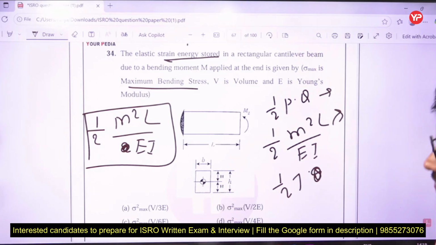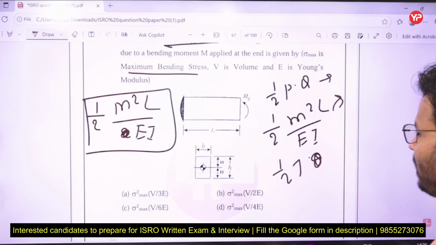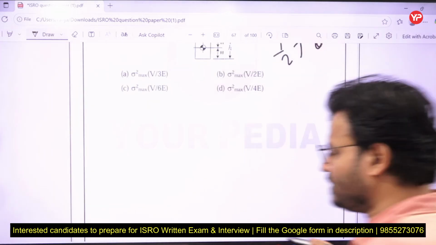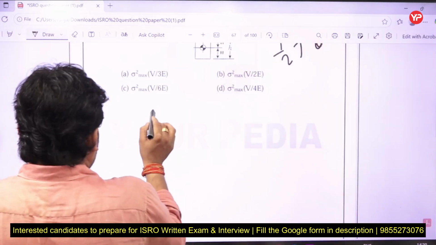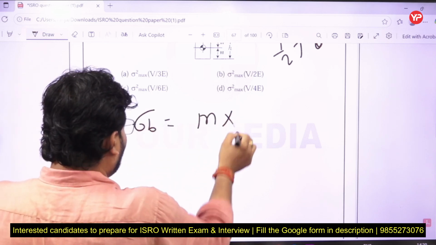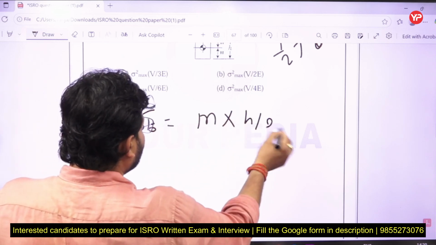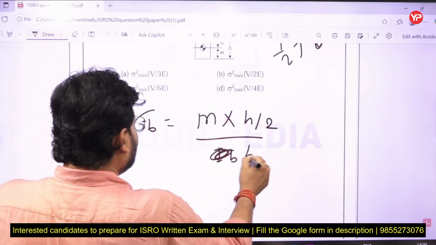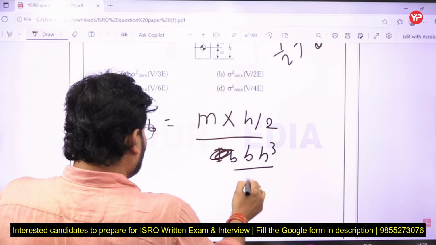Use the bending equation. Do you remember the bending equation? What is the bending equation, my dear friends? Simply we can write sigma B is equal to M into h by 2, upon b h cube upon 12.